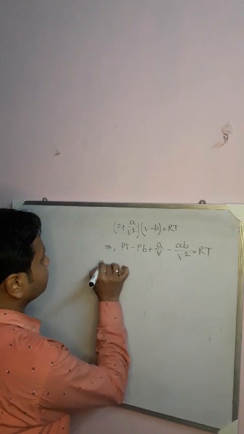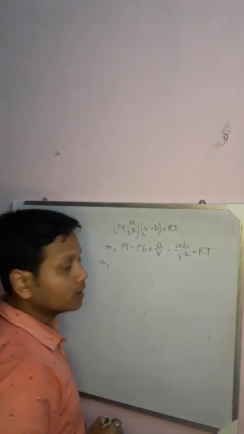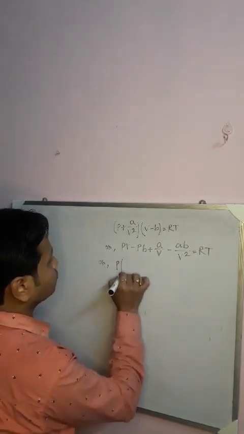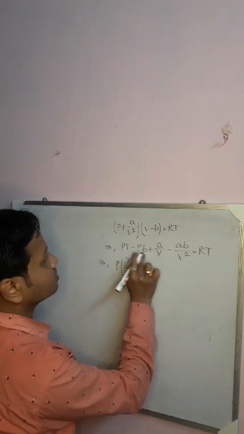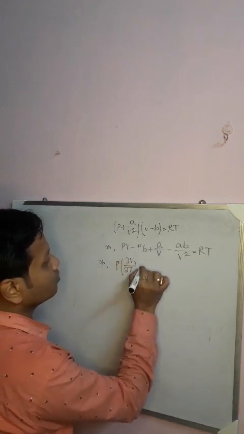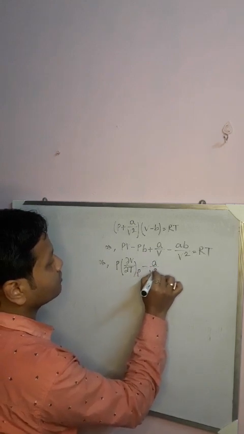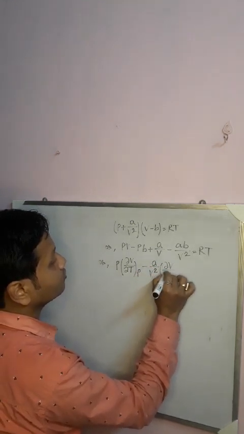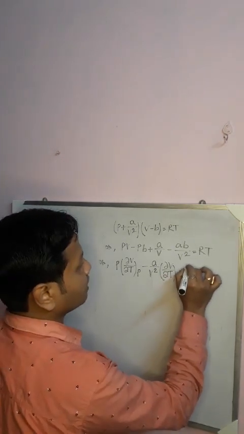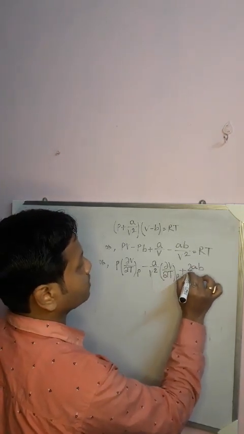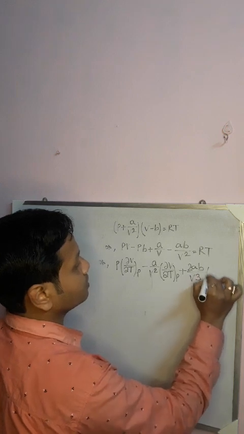So differentiate this expression with respect to T keeping P constant. What happens? P into del V del T at constant pressure, with P constant and B constant, this term is 0, minus A upon V square, and since we are differentiating with respect to T, this term gives 1 by V square minus 2 by V cube, so plus 2AB by V cube.